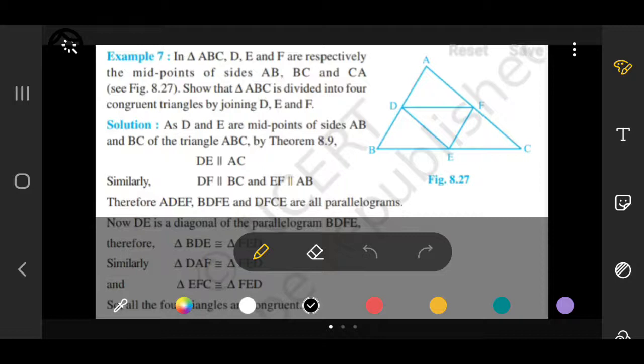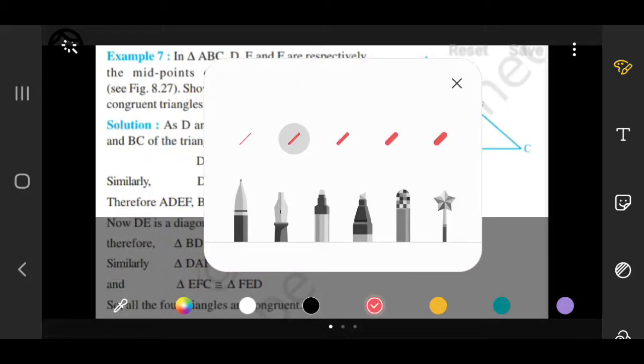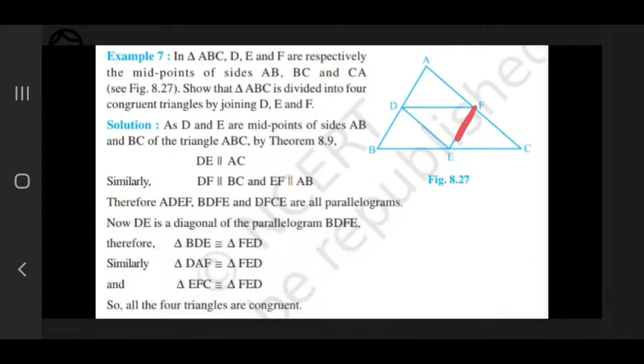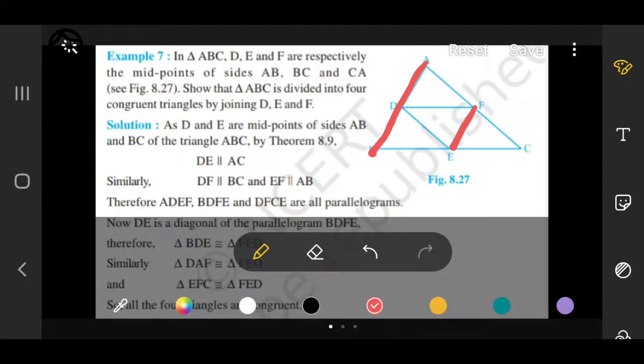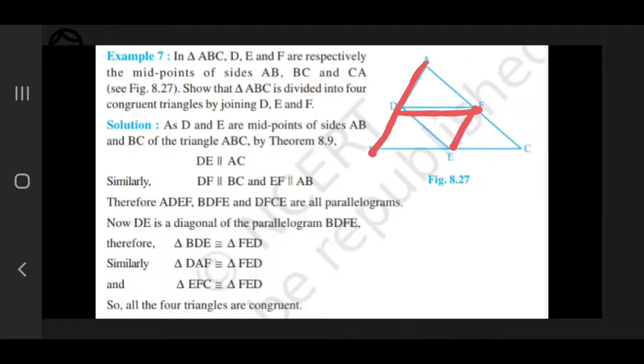Next, consider the line segment joining E and F. By the midpoint theorem, EF is parallel to AB and EF equal to BD.